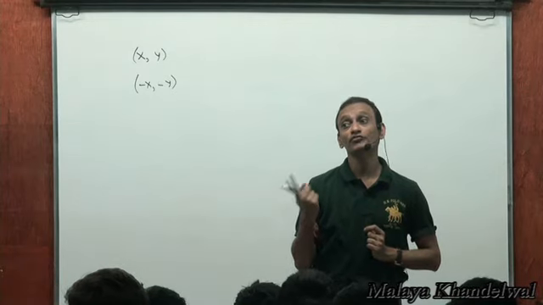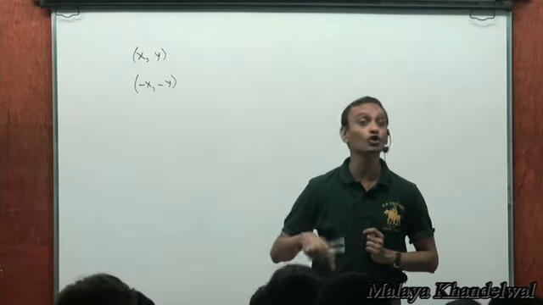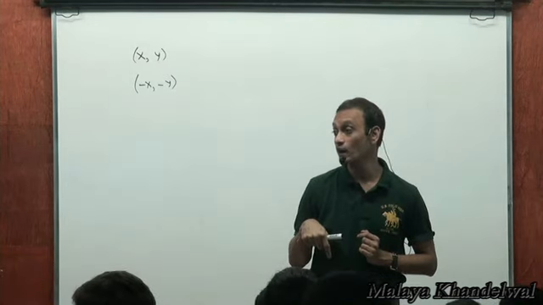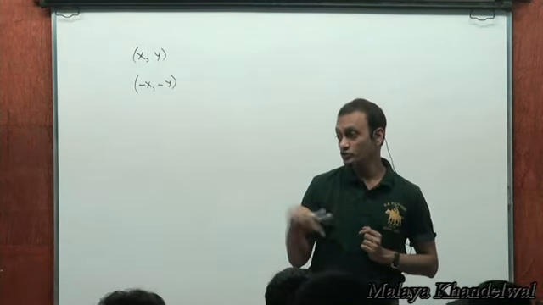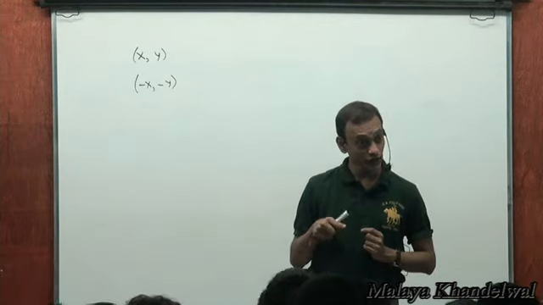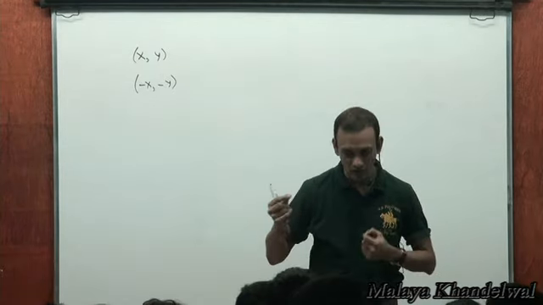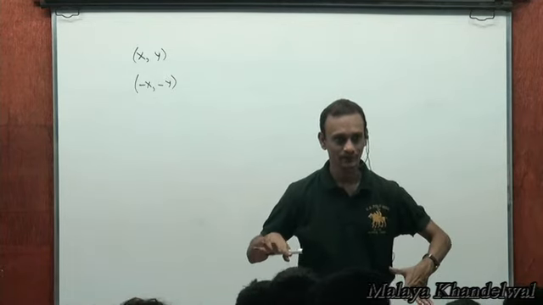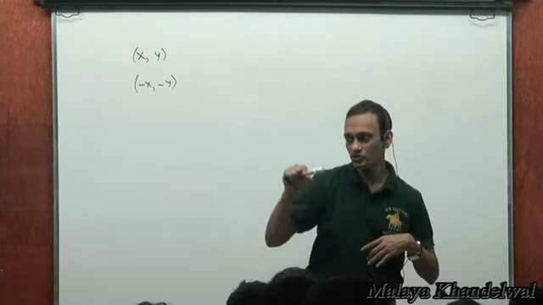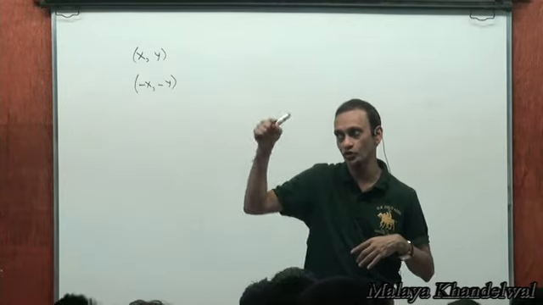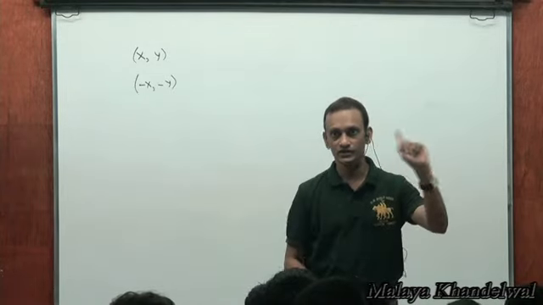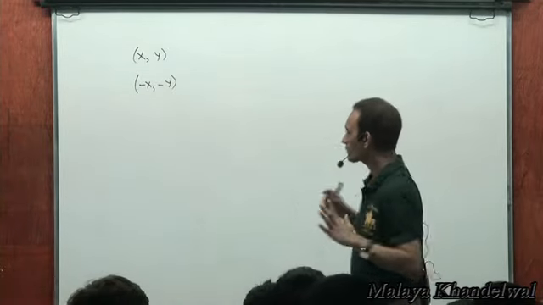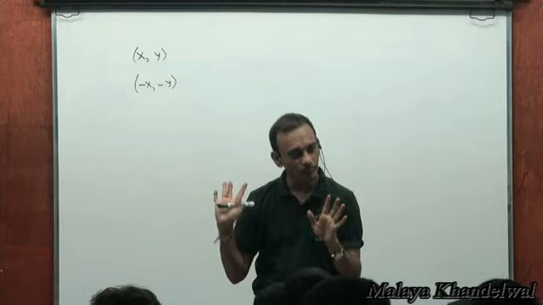See, (x, y) and (-x, -y) are symmetric points with respect to the origin, and they lie in opposite quadrants. Why? Because the midpoint of (x, y) and (-x, -y) is the origin, right? So it must be symmetric about the origin in opposite quadrants, first and third, second and fourth. Have you all understood this so far?